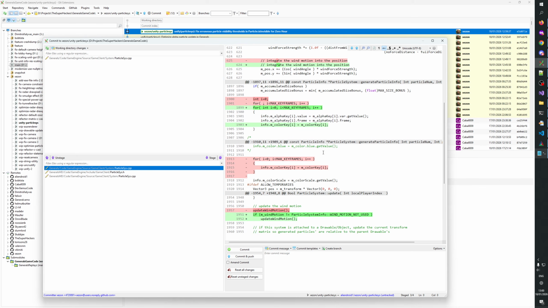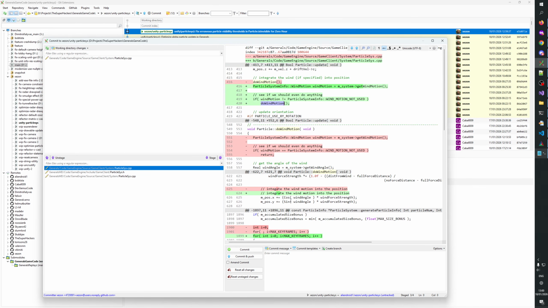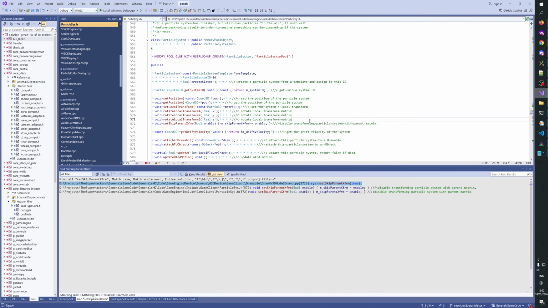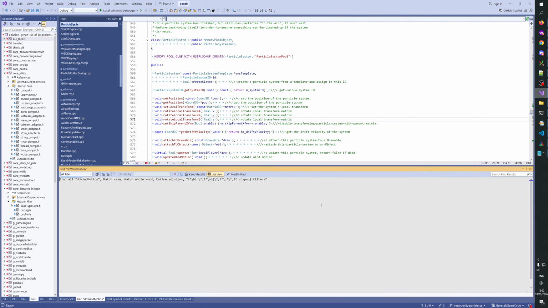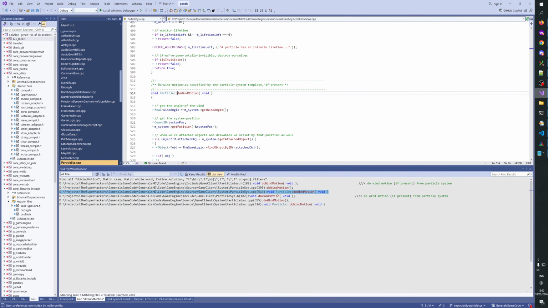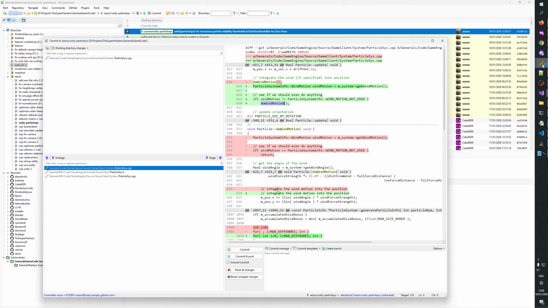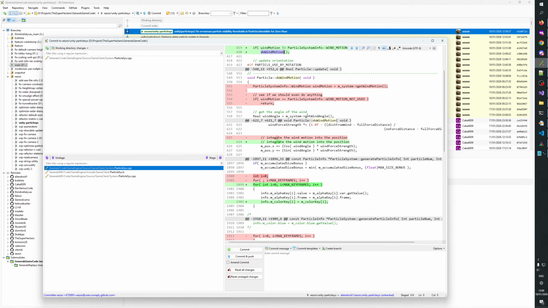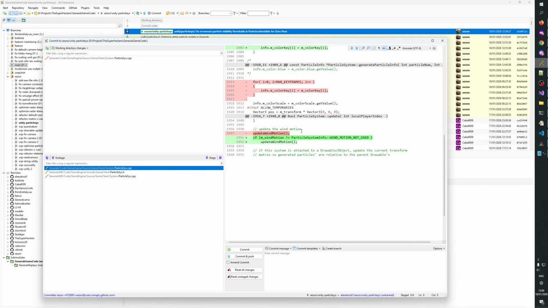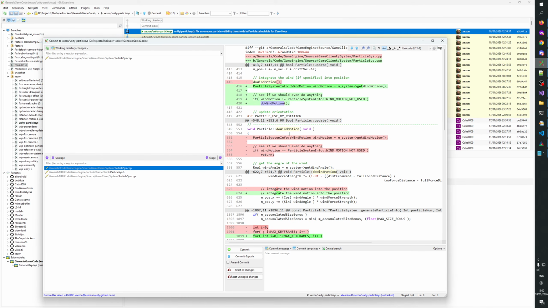Do wind motion. Update wind motion. Aha. Let me see, do wind motion. Particle do wind motion. Okay. Aha. Do wind motion. Update wind motion. So before.